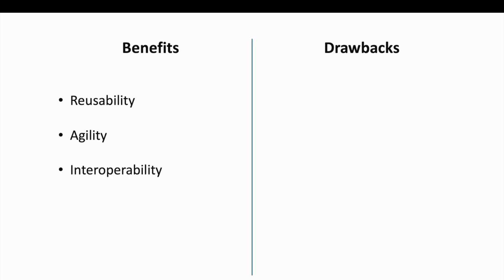Interoperability. Designed to work over different platforms and technologies, facilitating interaction between disparate systems. Then we have scalability. Services can be scaled independently, allowing the system to handle increased load by scaling only the necessary components.